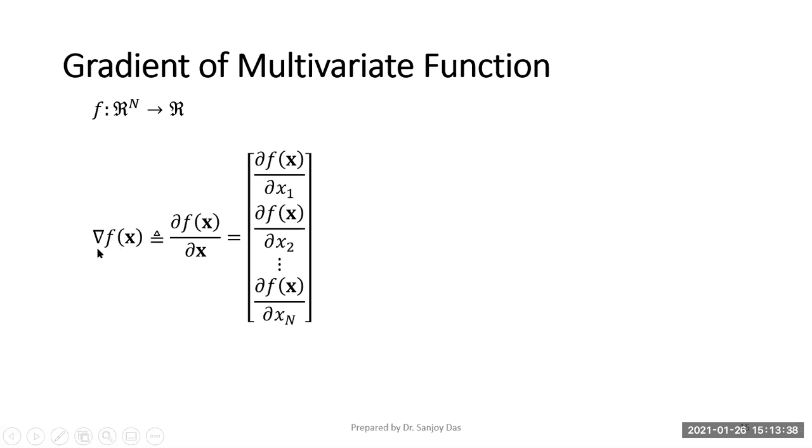The gradient, del f of x, is also written in this form. We take the derivative of the function with respect to x1, the first element of this vector x, then the derivative with respect to x2, all the way until the derivative with respect to xn. That's the gradient. So the gradient will be a vector.